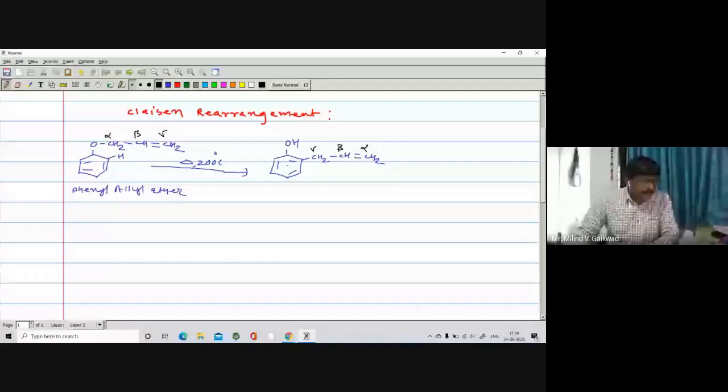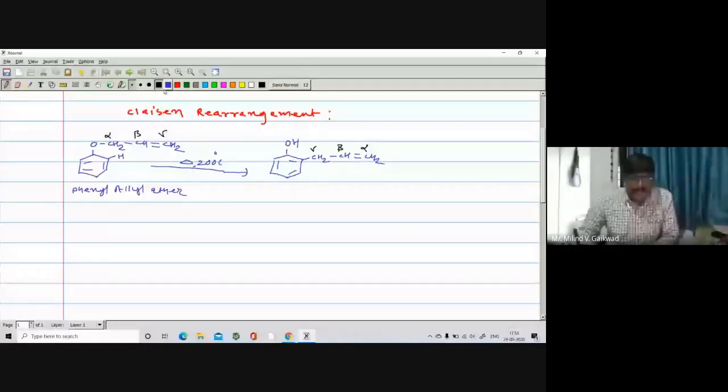So you are getting the corresponding phenol, and such a reaction takes place. Now suppose in this case, this hydrogen is not H, it is a CH3. Next example: here is your pi bond, pi bond, pi bond, and here is the O, here is a CH2, here is CH double bond CH2.